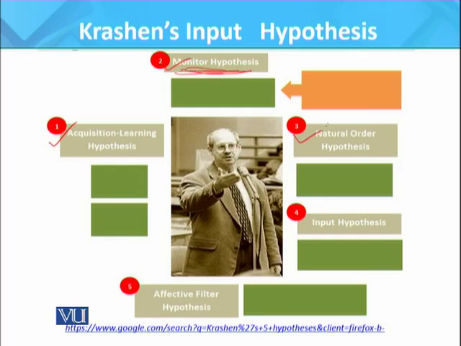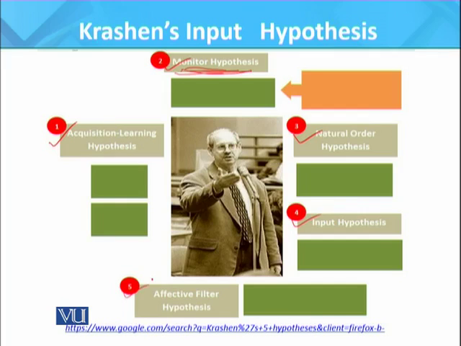The third is natural order hypothesis. According to this, there is a natural order of acquiring language rules, grammatical structures. They are acquired in a predictable manner. Input hypothesis says that it is not just input, but comprehensible input that is easily understood by the learner that will deliver the grammar needed.